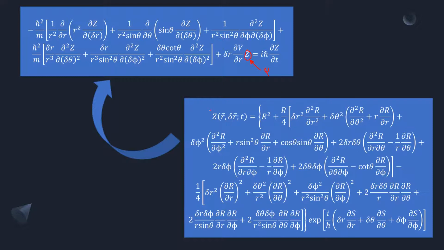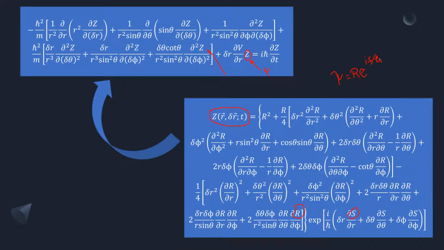Now, obviously, the step we have to do is to substitute z into this equation and find the equations related to R and S, which are the new variables introduced when we write psi in terms of these equations.